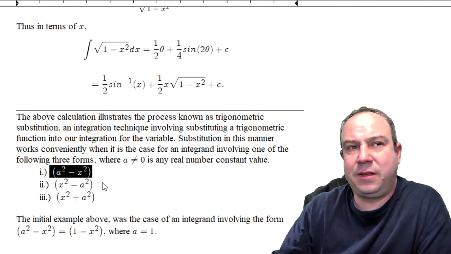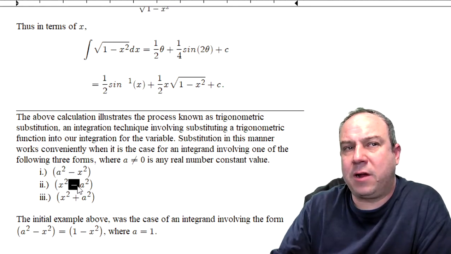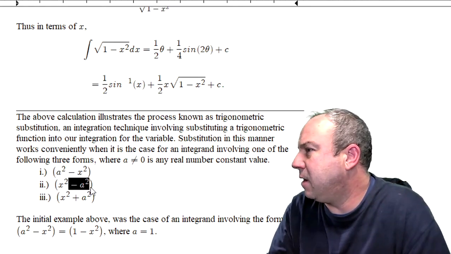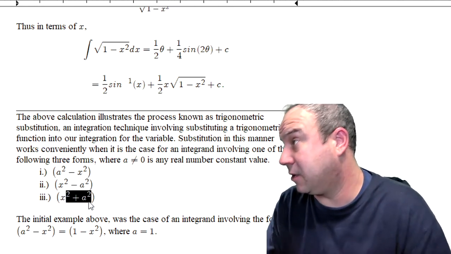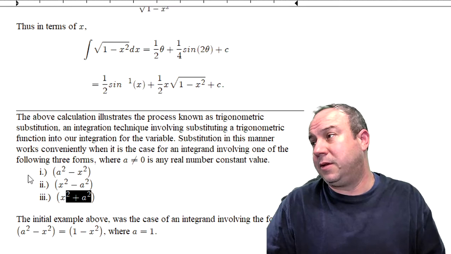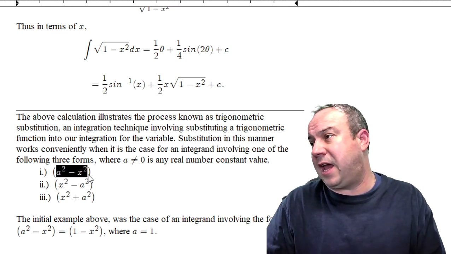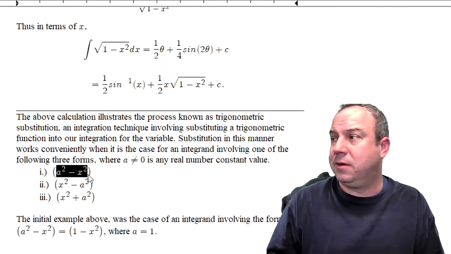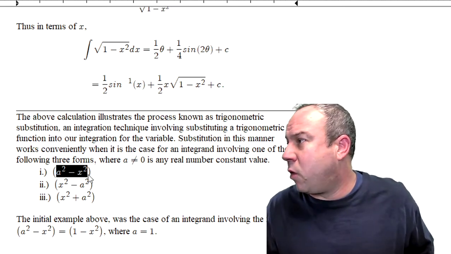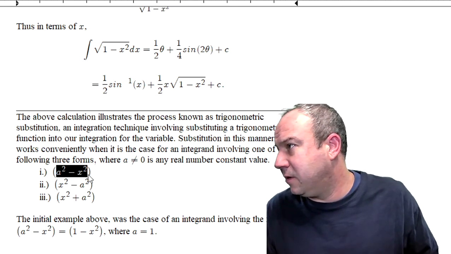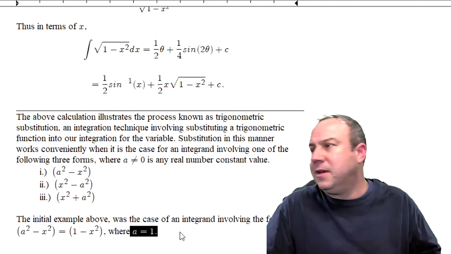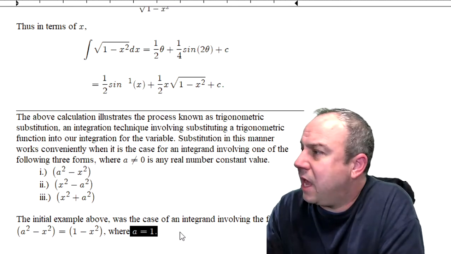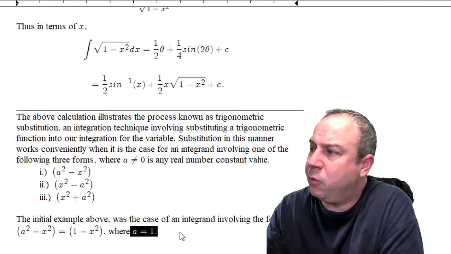That's different than an x squared minus the quantity of a number, or x squared plus the quantity of a number. We have here in this case a squared, or a number, minus some quantity of x squared. Here it's 1 minus x squared. Here in our case, we went simple with a equal to 1, but a could have been more complex.